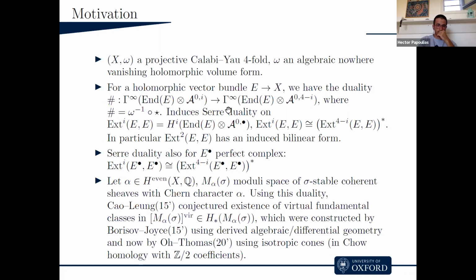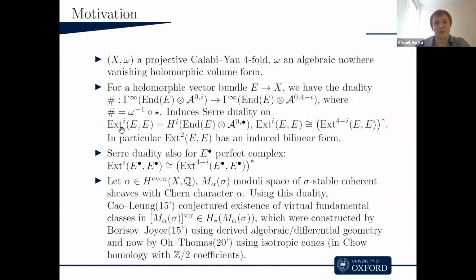It's a duality on the Dolbeault resolution of the endomorphism vector bundle of E, which is given by composing the Hodge star with the inverse of the holomorphic volume form. It really is just the duality on the Dolbeault resolution.